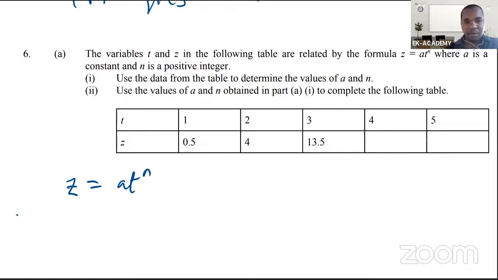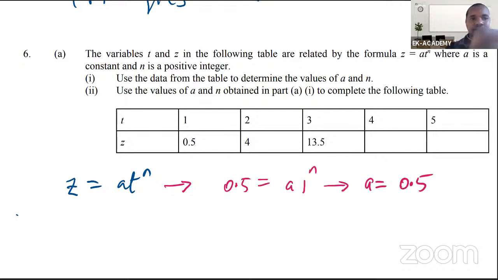From the table above, when T equals 1, Z is 0.5. So 0.5 equals A times 1 power N, and for this case we can see that A equals 0.5. We continue.